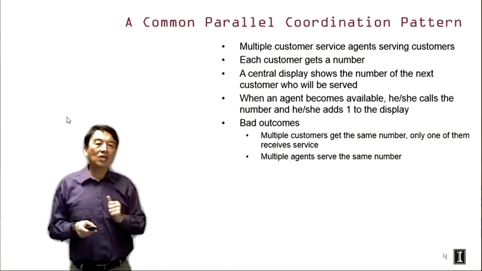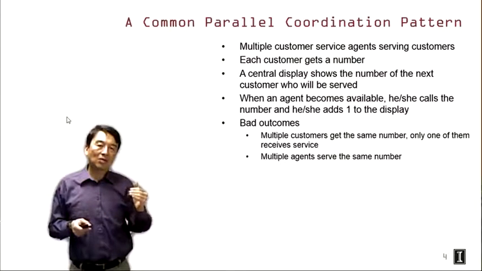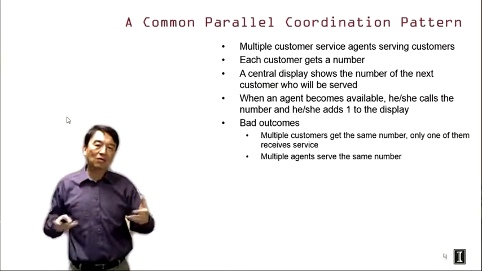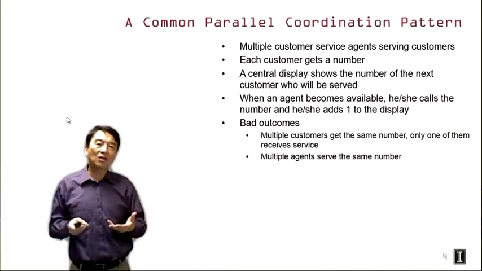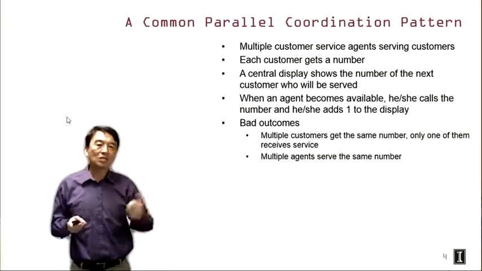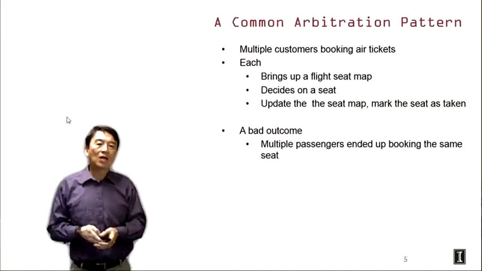Or in another situation, multiple agents may serve the same number. When multiple of these customer service agents finish their work, for some reason they all call the same number, then it would look pretty silly. So that's also a bad outcome.